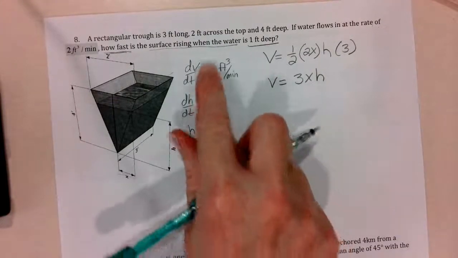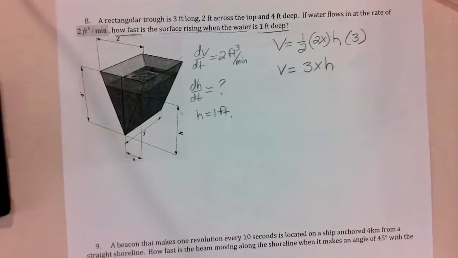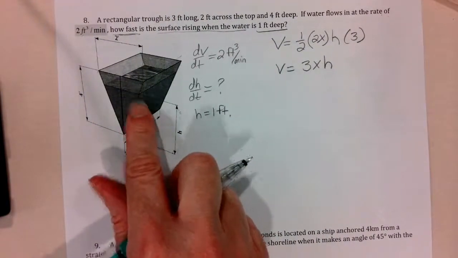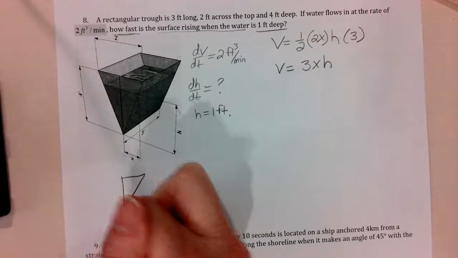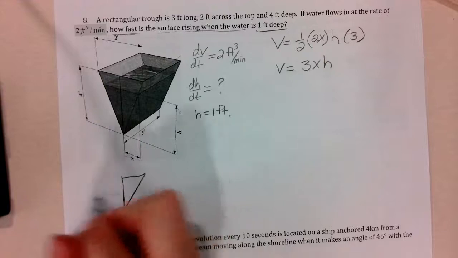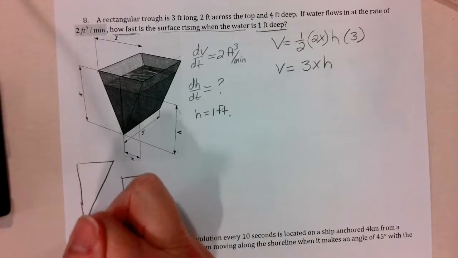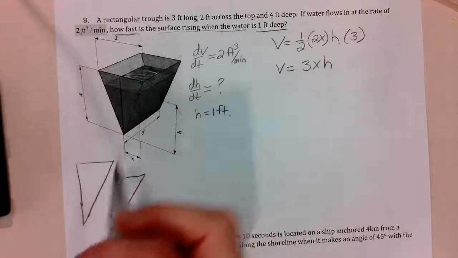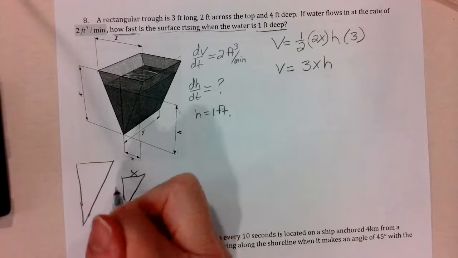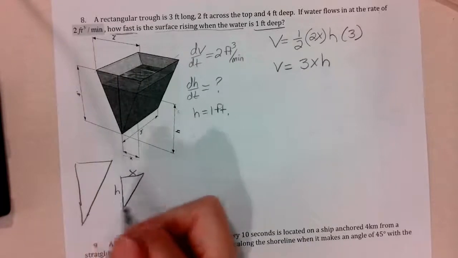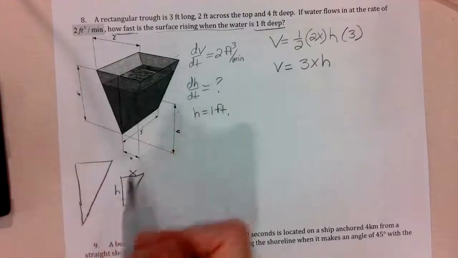As before, I have a variable that's unaccounted for. I'm going to look for a connection. The connection in this one is that we have a triangle here with the liquid, and then we also have the original triangle that goes with the trough right here. So the marking that I have is x is to h, for the water level, and then up here I've got to make it match.